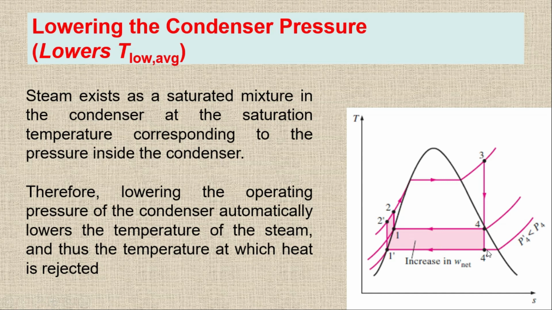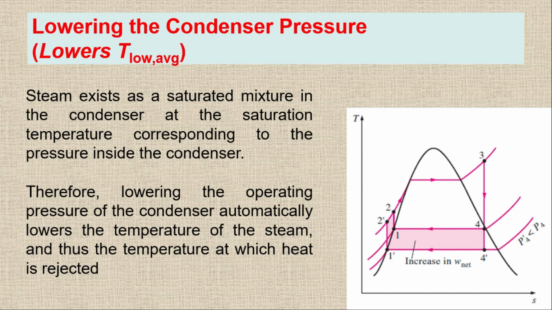So if we have the lake water at 15 degrees, in order to allow the heat transfer, there should be a higher temperature in the condenser. With the 10 degree increase, we will have the condenser temperature around 25 degrees Celsius.